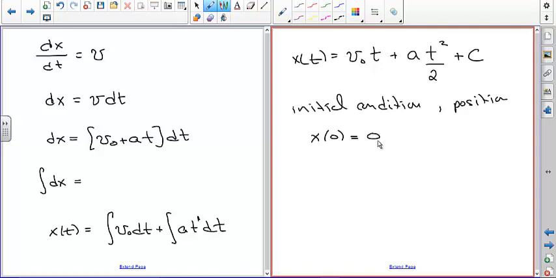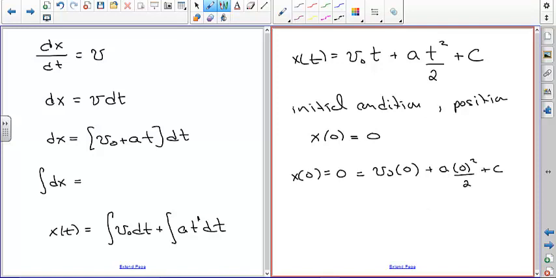Okay. So we're saying the initial position is 0. We always define that as 0 arbitrarily anyway. So if we apply this initial condition to this equation, we'll get x of 0, which is 0, is equal to v0 times t equals 0 plus a times 0 squared divided by 2 plus c.